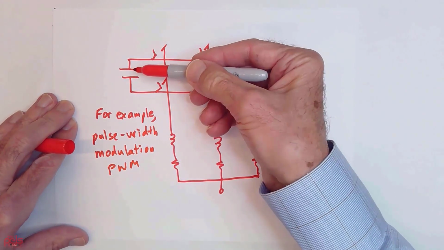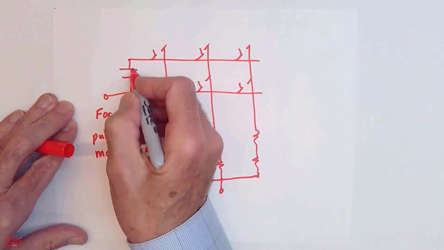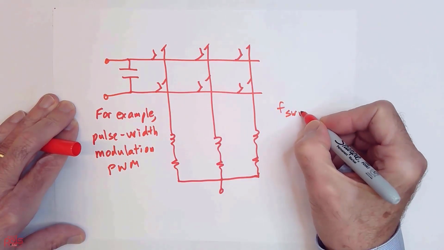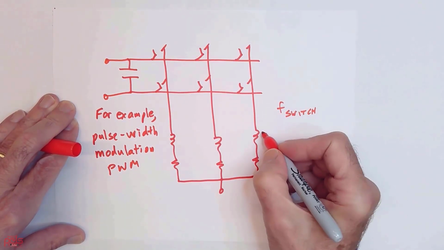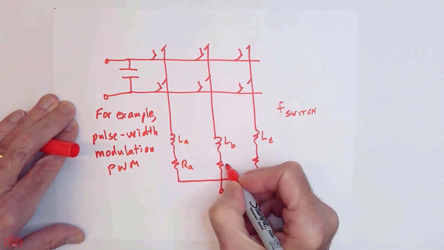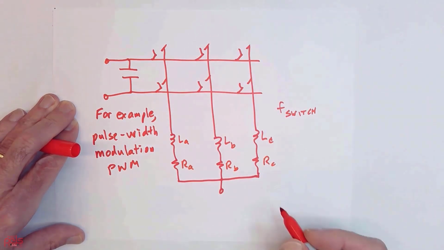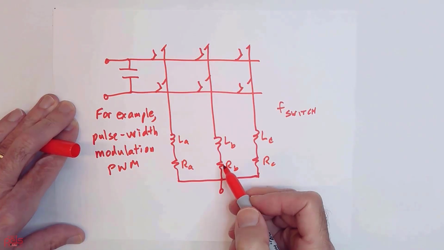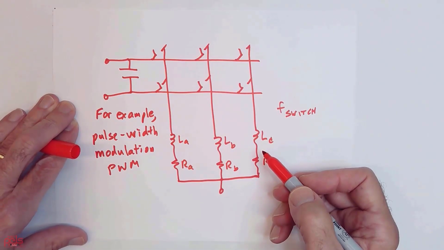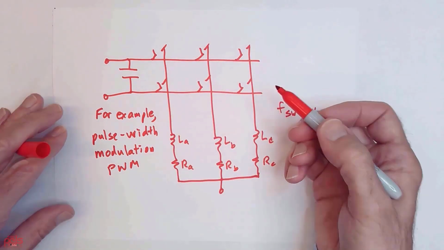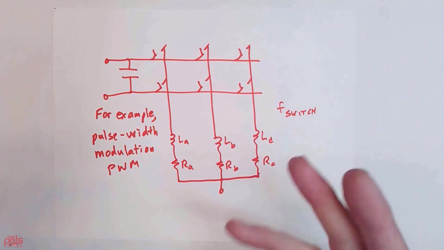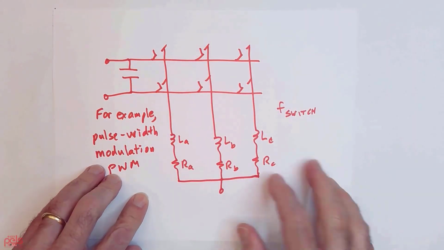And we can see that there are going to be trade-offs between the switching frequency and the filter characteristics I would like here at the output, and whether I want to add some other passive components here to make this a multi-pole filter, whether I want it to resonate at a particular frequency, and so on. So I'm not trying to cover design issues related to the inverter in this particular short session. I'm just trying to lay out what would be going on here.